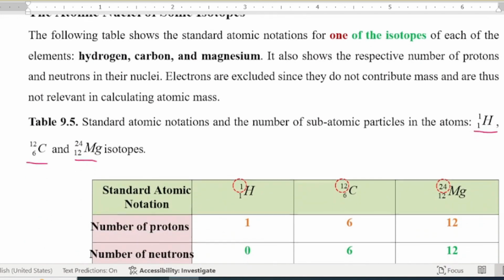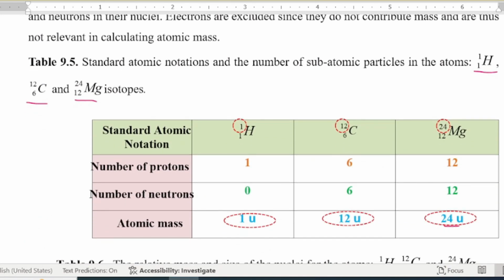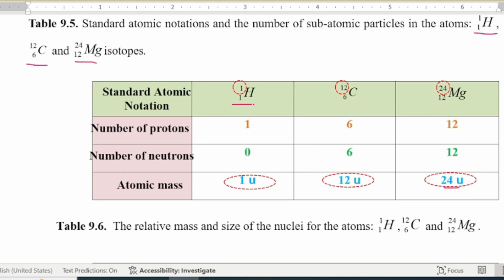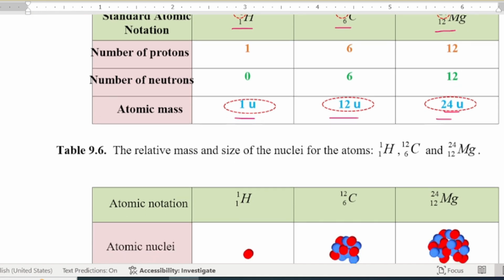So what we'll do now, I'm going to use 3 elements to establish the mole concept. The elements that we'll be using are shown in this table. Hydrogen-1, carbon-12, magnesium-24. The atomic mass for hydrogen-1 is 1 U, carbon-12 is 12 U, magnesium-24 is 24 U. Put that into another table.